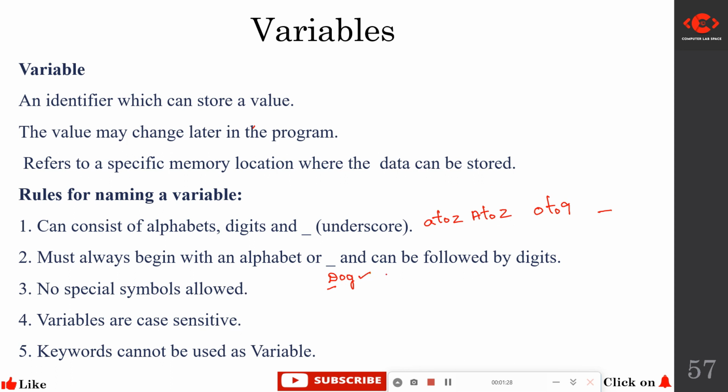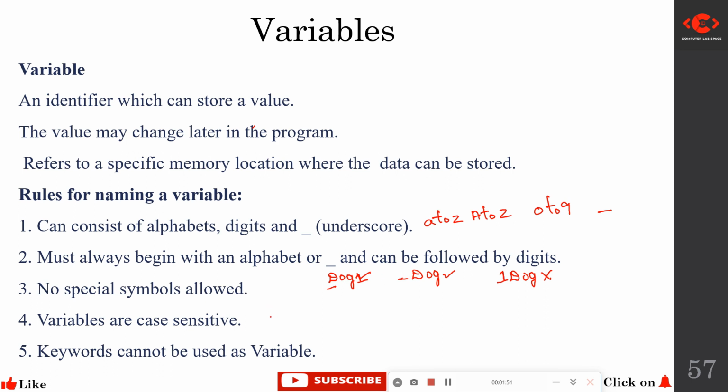So this is also a valid variable, I can say. Or else even if it started with underscore, this is also a valid variable. But if it is started with a digit, this is an invalid identifier. Along with that, the alphabets or the underscore can be followed with the digit also. So we can say these are the valid identifiers.